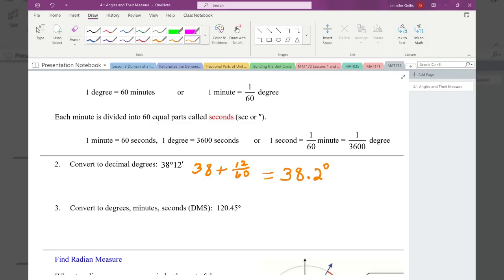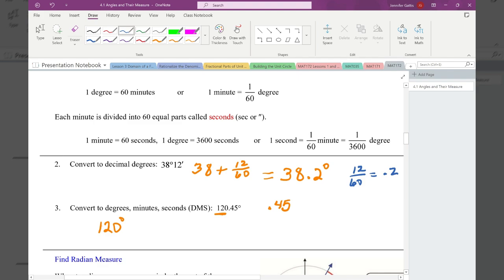Now, if we want to convert decimal degrees to degrees, minutes, and seconds, the main part here, the whole number, we know that that's going to be degrees. So 120 degrees. Okay. And then 0.45. Well, up here we did 12 over 60 is equal to 0.2.